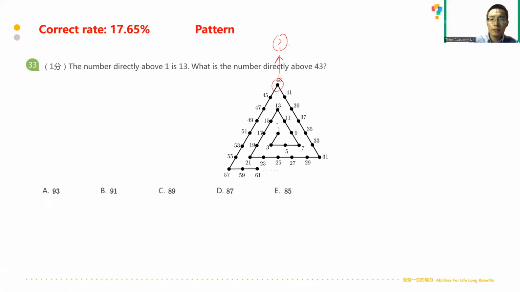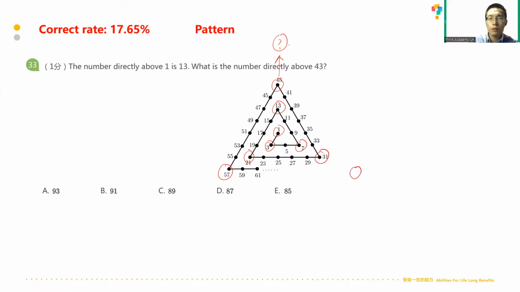Because these all look like triangles, we're looking at the corners, the vertices of the triangles: the 1, the 3, the 7, and the 13, the 21, the 31, the 43, 57, and then there is another vertex at the bottom right corner, and then another one at the top.